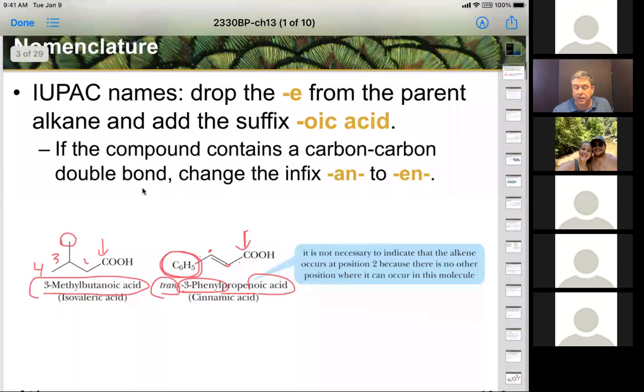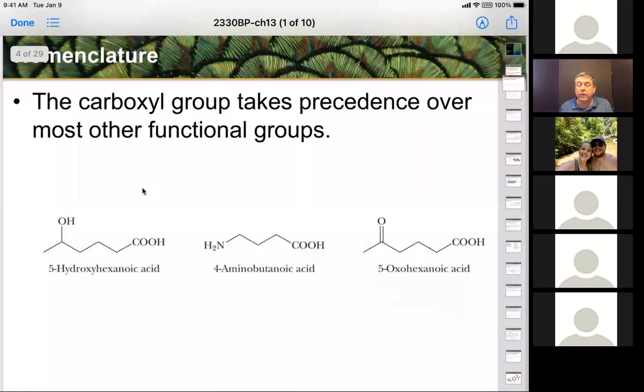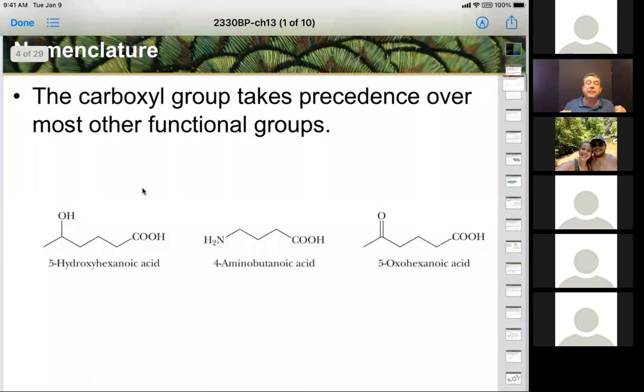Like I said before, the carboxy group takes precedence over all other functional groups. So when we used to name something as an alcohol, it's now a substituent, and when your OH is a substituent, we call it hydroxy. Remember, we have 1, 2, 3, 4, 5, 6, so we have hexanoic acid, and that hydroxy is on the 5.